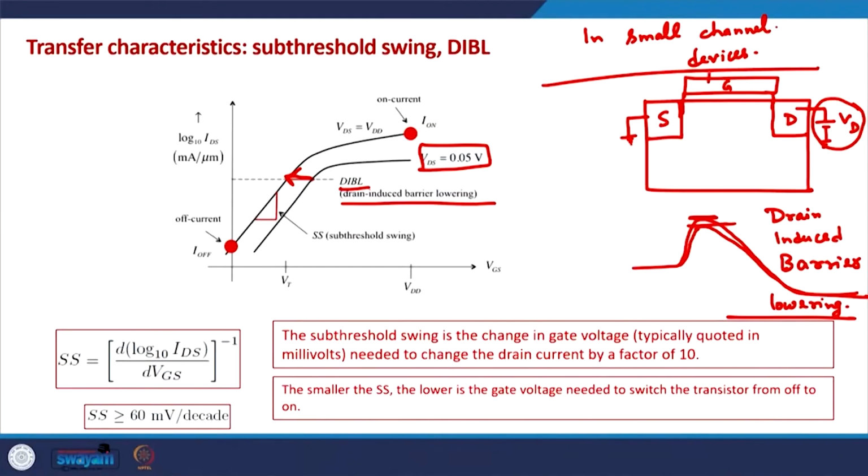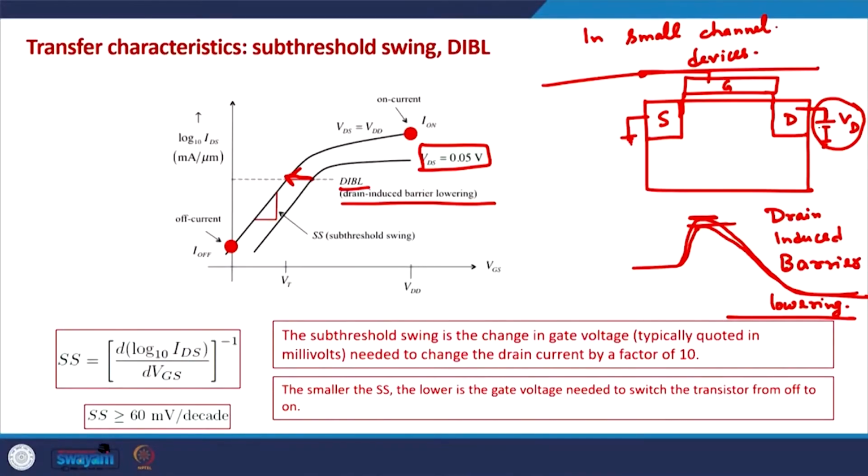prima facie it would seem that this is a good effect. We are now having less threshold voltage, the channel is appearing fast, but that is not the case because it is interfering with the role of the gate terminal, and it is actually giving uncertainties in the device.